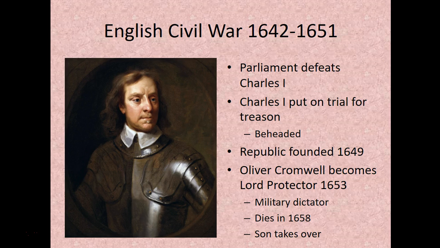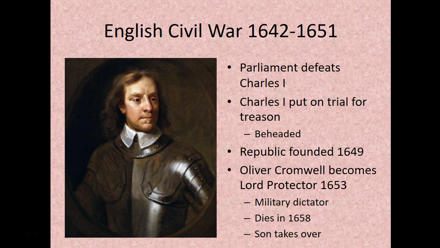After Charles is executed, Parliament decided to take over and try to rule as a republic. This is 1649 when they try to rule as a republic, but in general, they were very, very ineffective. Couldn't get much done.